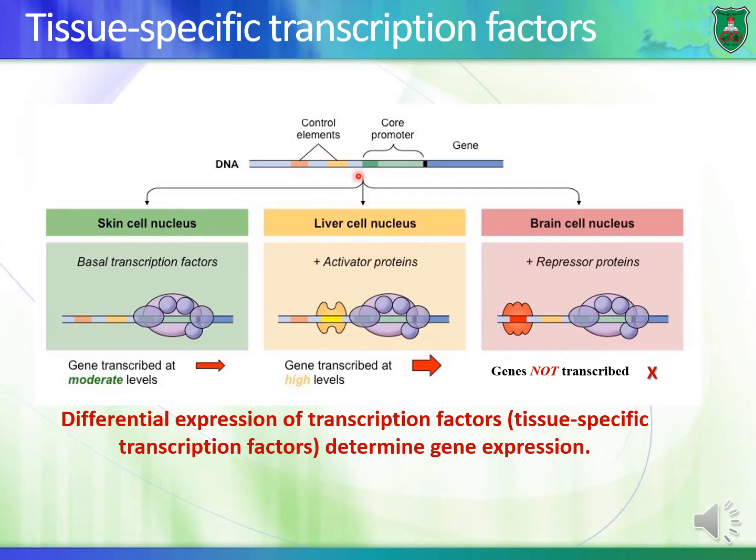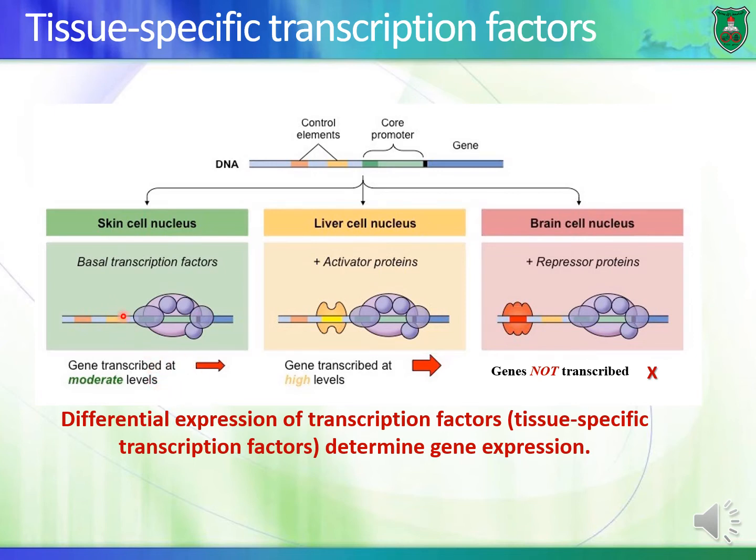Now, since all cells have the same genome, they do not express all genes or the same genes as each other. So the same gene exists in skin cells, liver cells, and brain cells. But in skin, you have some expression, but not a whole lot.